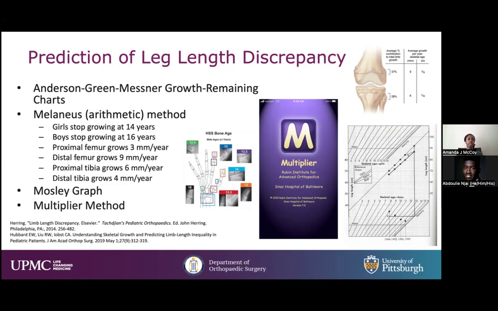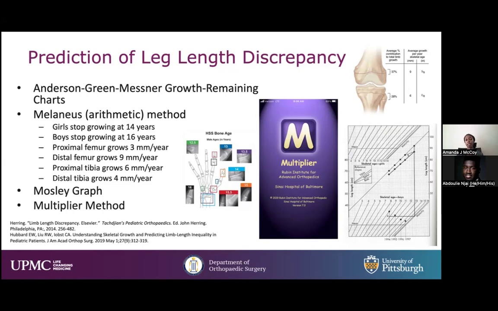You can use the Anderson-Green method, you can use the Menelaus method, you can use the Moseley graph, or the multiplier method. Whenever you use the Menelaus method, which is probably the quick and dirty, easy way, it makes a couple of assumptions, and these assumptions are not necessarily generalizable to other populations, because some populations have relatively delayed growth plate closure compared to the Caucasian population in America that this is modeled after.